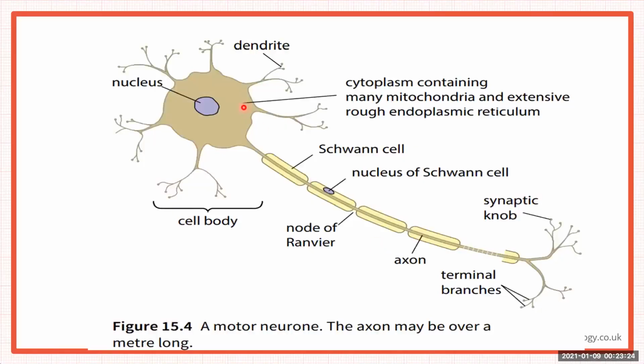So we have a lot of mitochondria here because energy, ATP, is required for these nerve impulses to travel. And we have a lot of mitochondria here as well because through this, these neurotransmitters are released into the synaptic cleft. So we'll talk about that in a while.